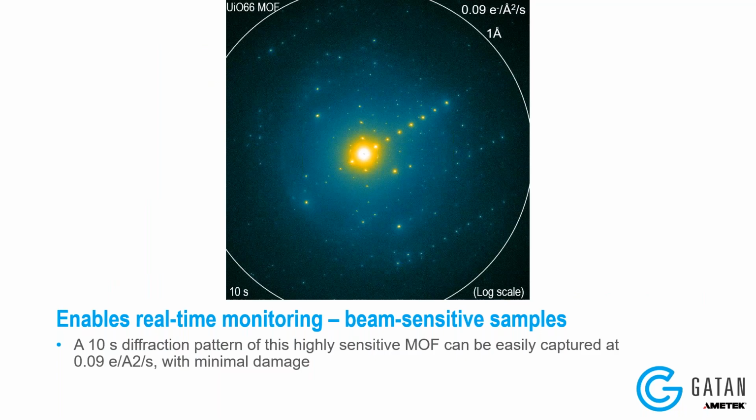So this here is a MOF sample, and we were able to capture this data at 0.09 electrons per angstrom squared per second, with really minimal damage to the sample in this first 10 seconds. So in a 10-second diffraction pattern here, we can see nearly pristine structure of this MOF sample.